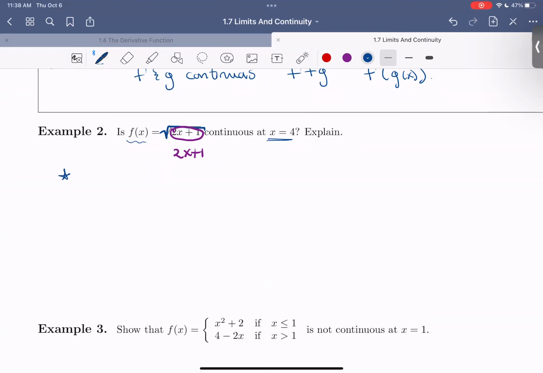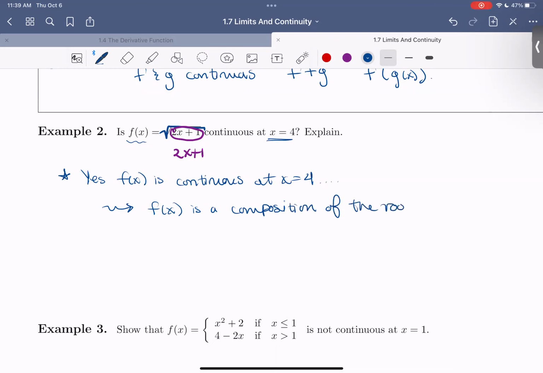So one solution is that yes, f of x is continuous at x equals 4. One explanation is that f of x is a composition of the root function, which is square root of the inside.